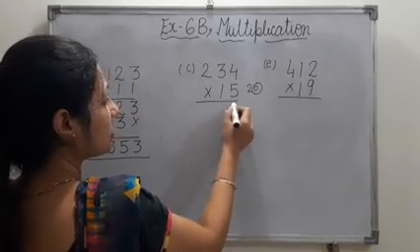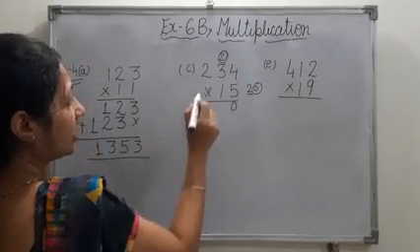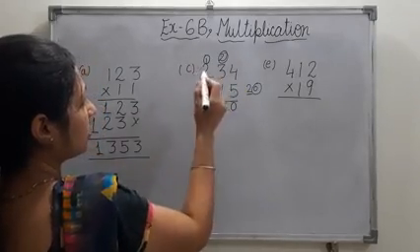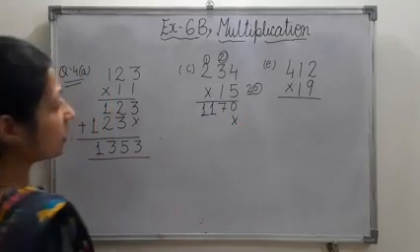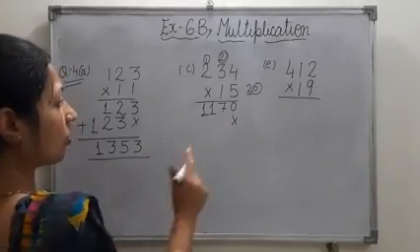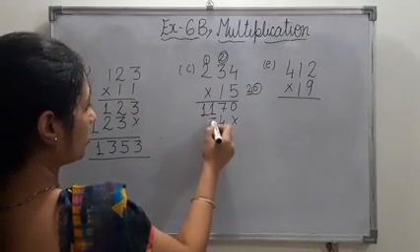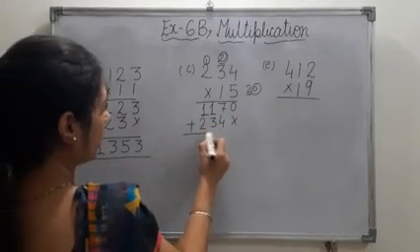So we will write this 0 here and this 2 is carried over here. 5 3s are 15. 15 plus 2 is 17. 1 is carried over here. 5 2s are 10. 10 plus 1 is 11. Next we have to multiply with the next number. So we will write here 0 or cross. 1 4s are 4. 1 3s are 3. 1 2s are 2. Next we have to add these numbers.